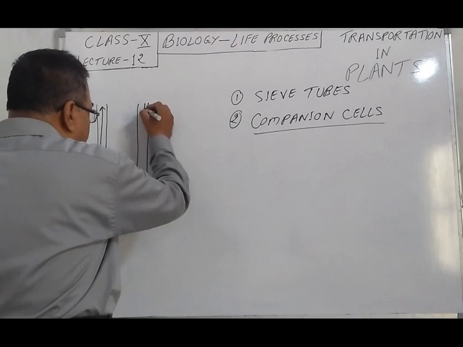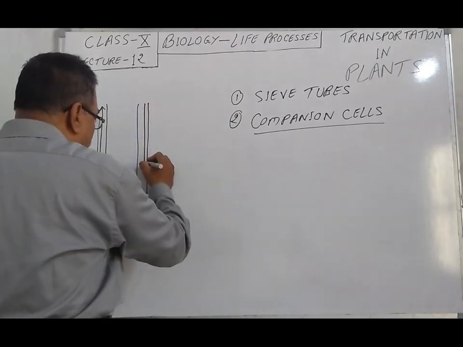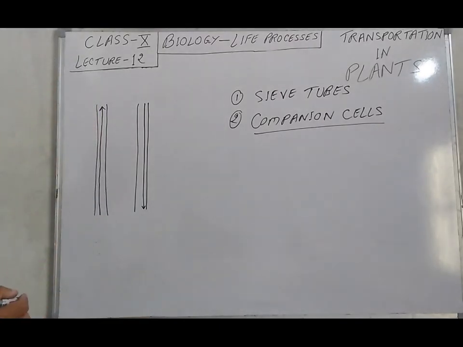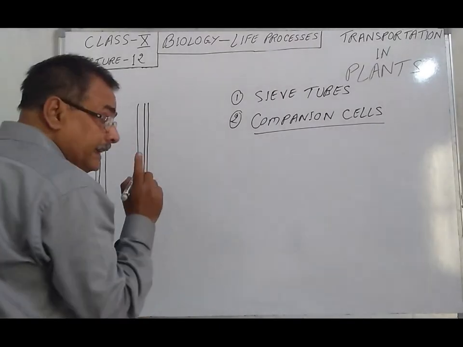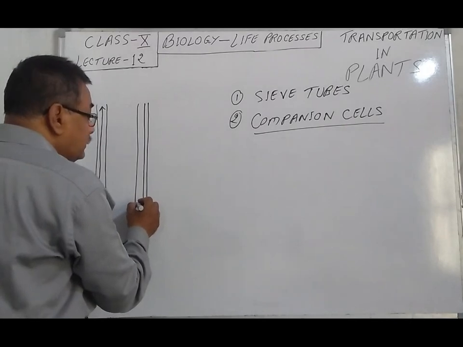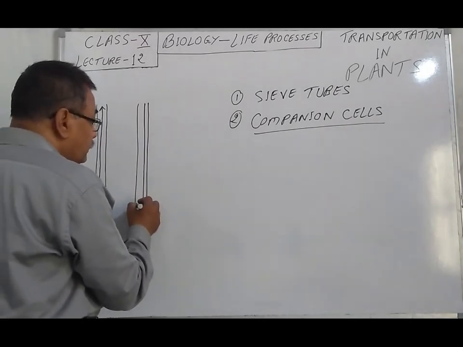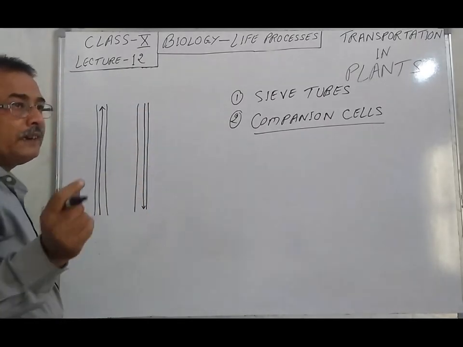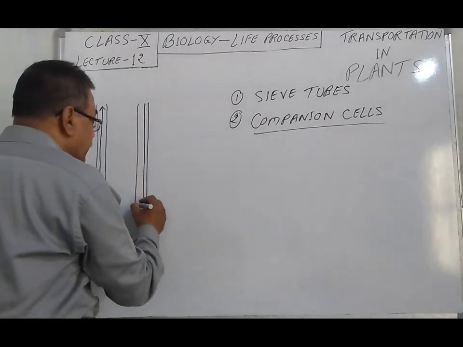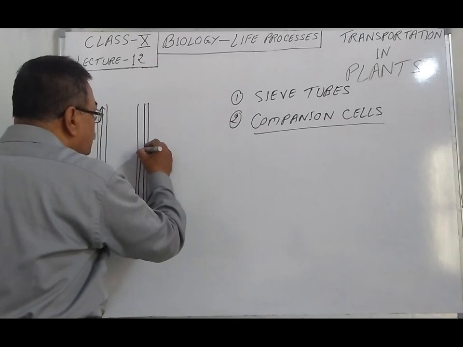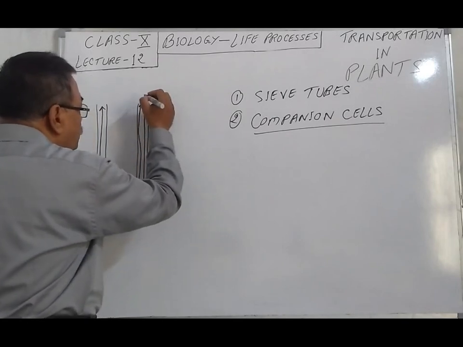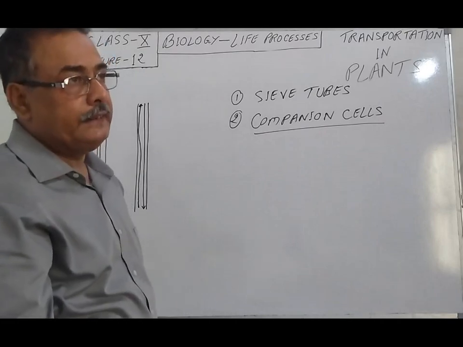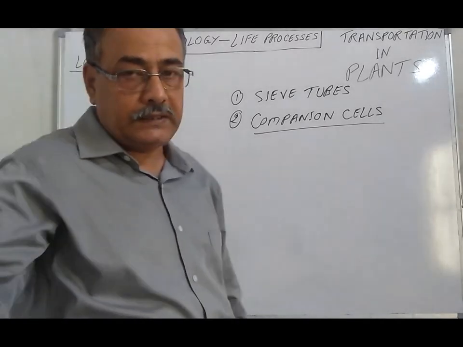Generally, food moves from upside to downside. But in the spring season, the leaves fall off and the developing buds need food. The stored food moves from root to the tip of the plant to provide energy to the developing buds.